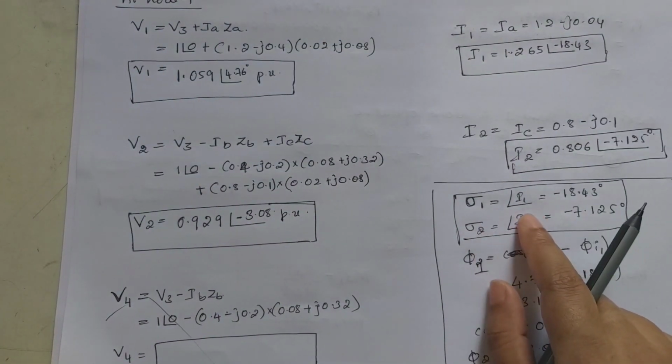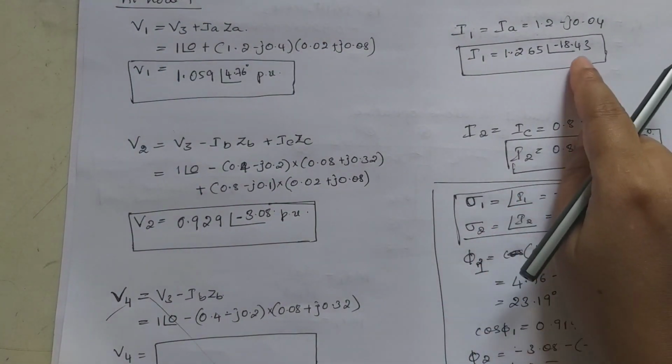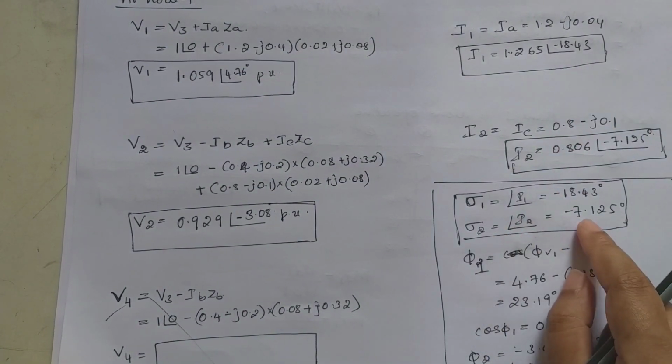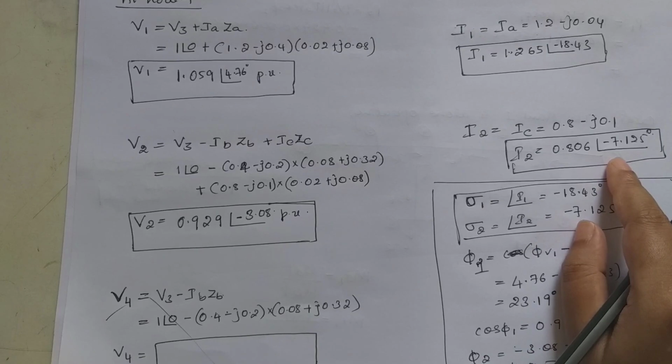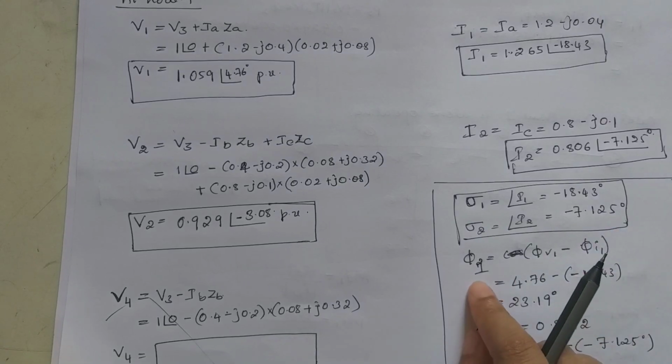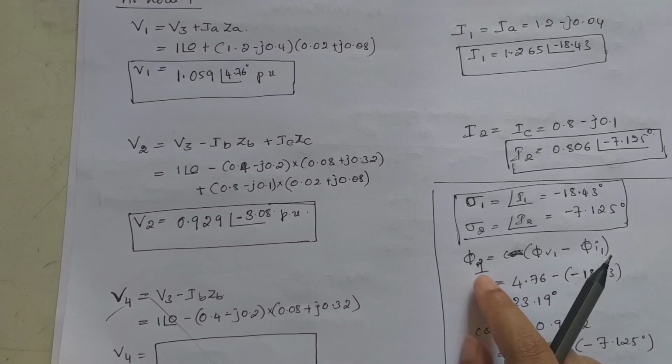So sigma 1, the angle of I1, is minus 18.43. Sigma 2, the angle of I2, is minus 7.125 degrees. The denominator of the beta mn formula has cos phi m into cos phi n.